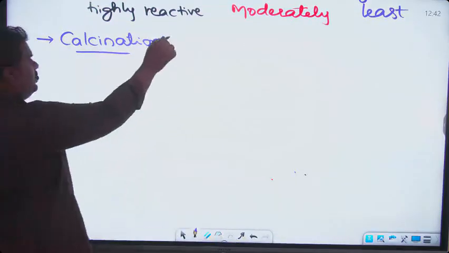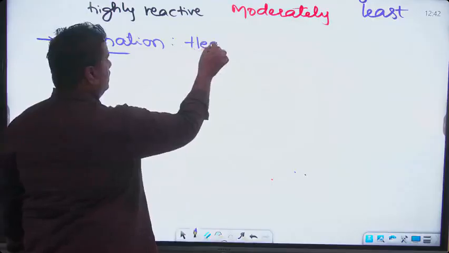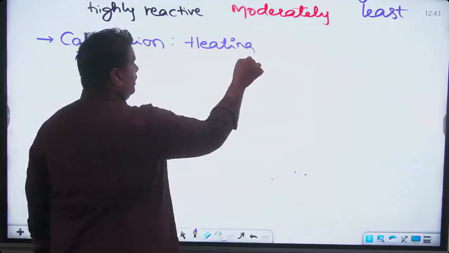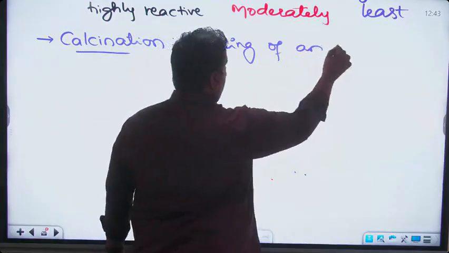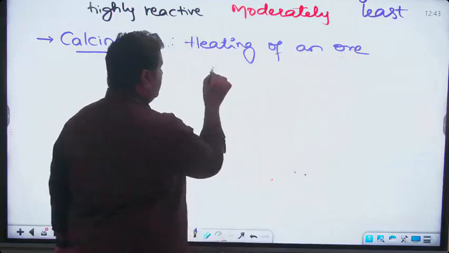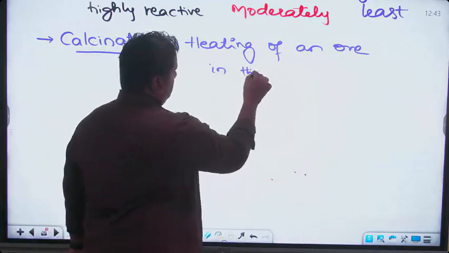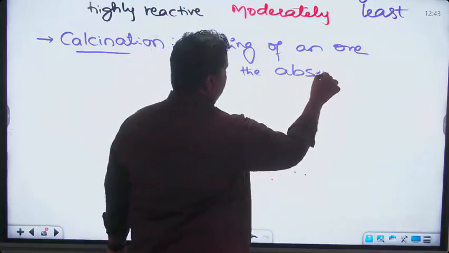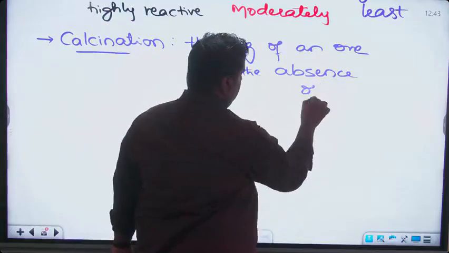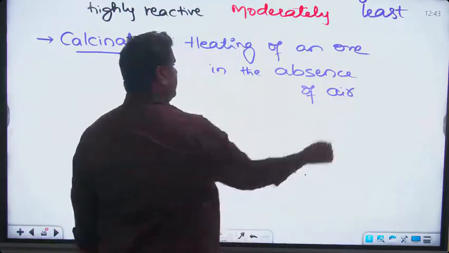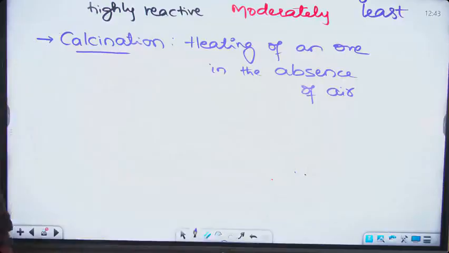So heating of an ore in the absence of air, గాలి లేకుండా, is known as calcination.